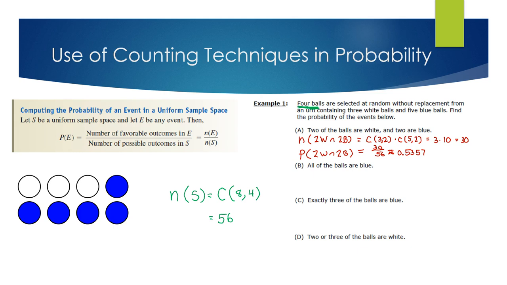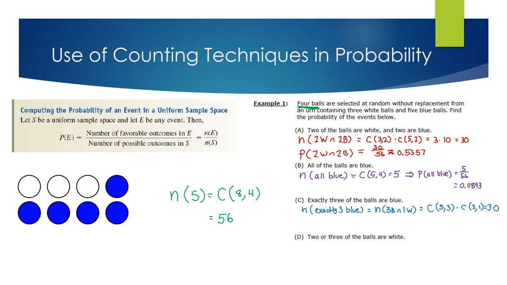The probability that all the balls are blue. So looking for the probability that all are blue. That's me having, out of the 5 that are blue, I'm picking 4 of them. So that's how many different ways I could possibly have that occur. So the probability of me getting all blue would be 5 out of 56, or 0.0893. The probability of exactly 3 of the balls being blue. So that means that I'm going to have 3 blue and 1 white.